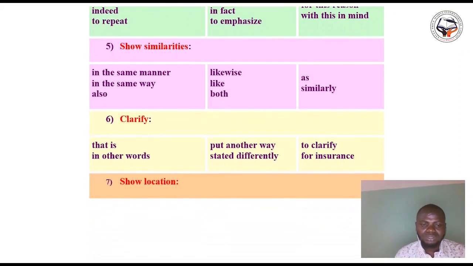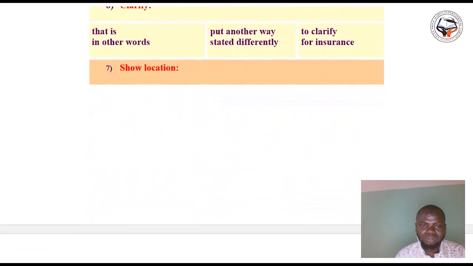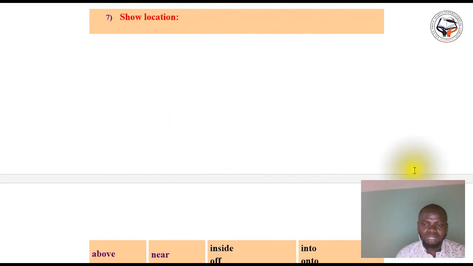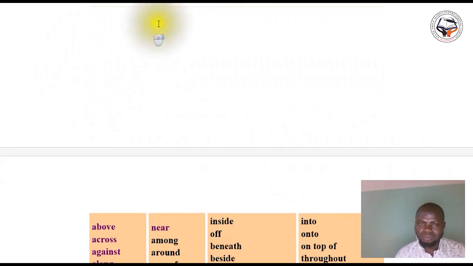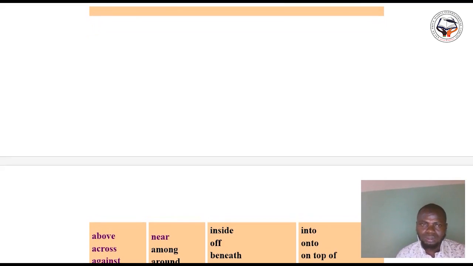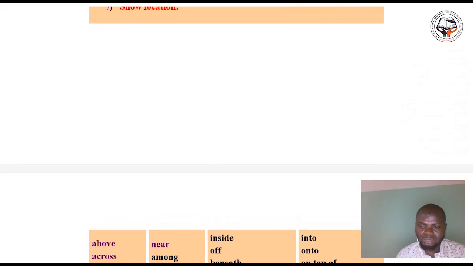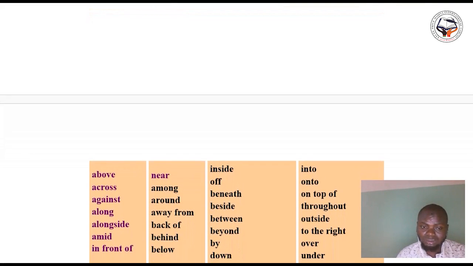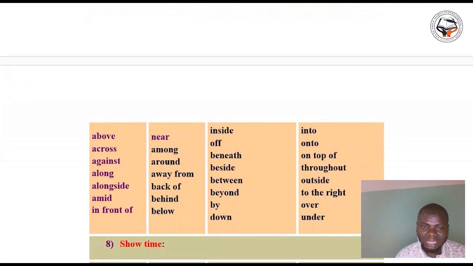Now, the following ones are expressions for showing location. Location means a place, and place means location too. They are prepositions of place.